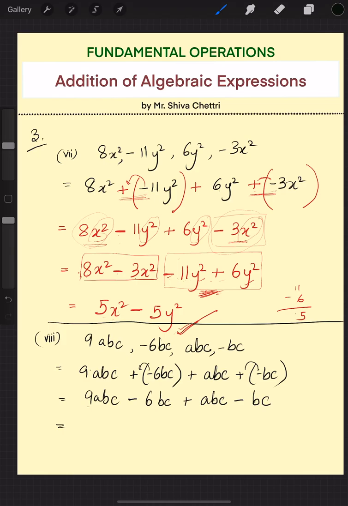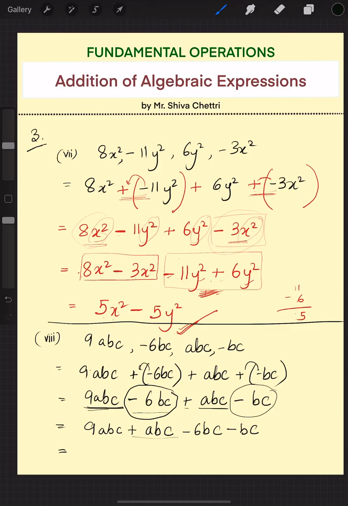Now arrange it. 9abc, and what is the like term for 9abc? It is abc. So 9abc, what is the sign? Plus abc. So now what is left? Minus 6bc and minus bc. Okay, so plus abc, plus 9, plus and plus, you will add.